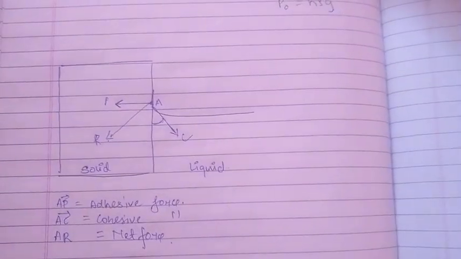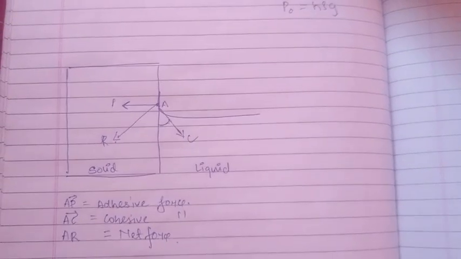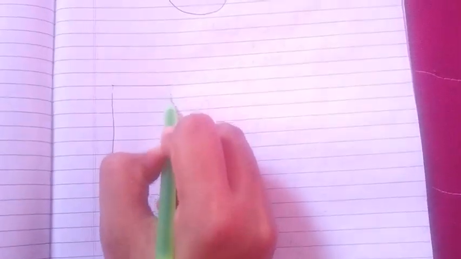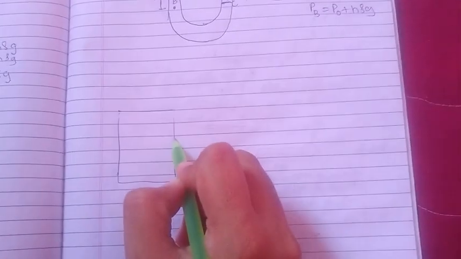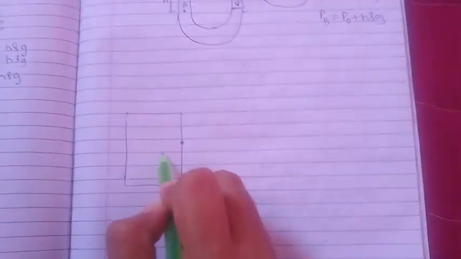This is the first part. Many times we have also seen the convex meniscus, so for that we'll draw one more diagram. For the convex meniscus, suppose this is the solid surface and you have a molecule A here, and on this side there is the liquid.